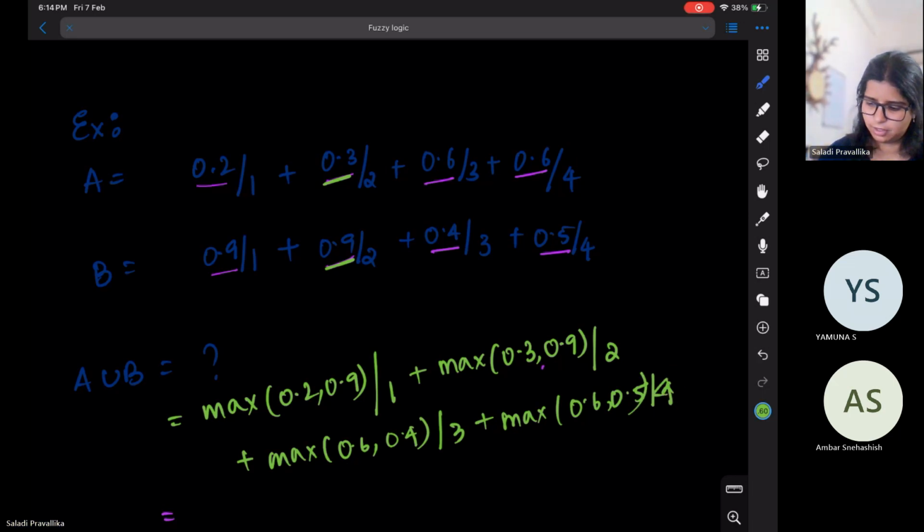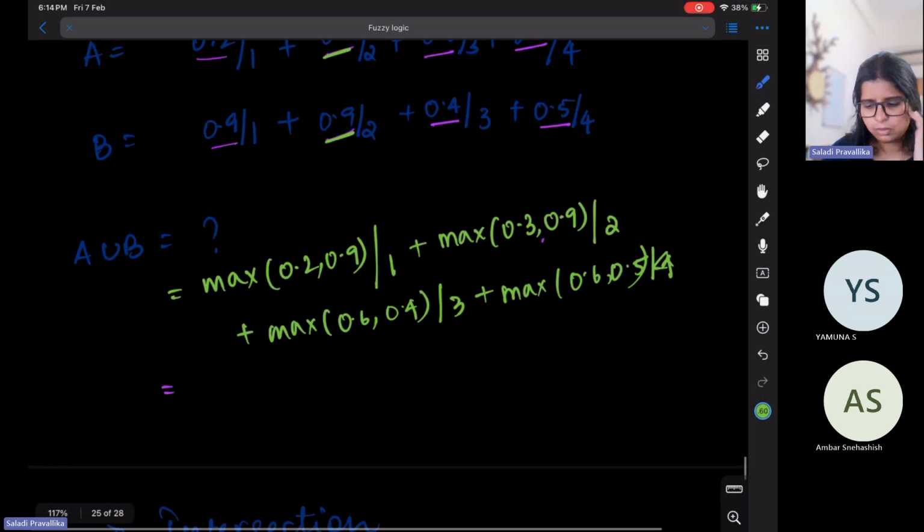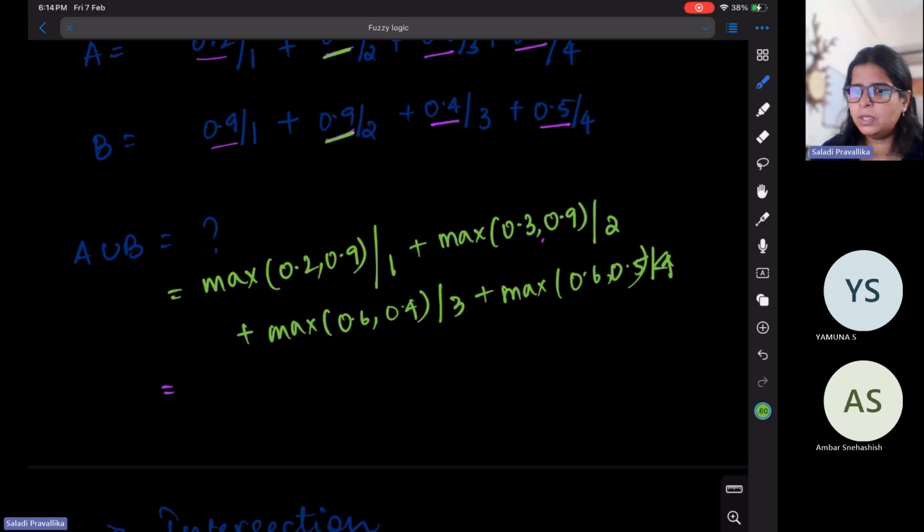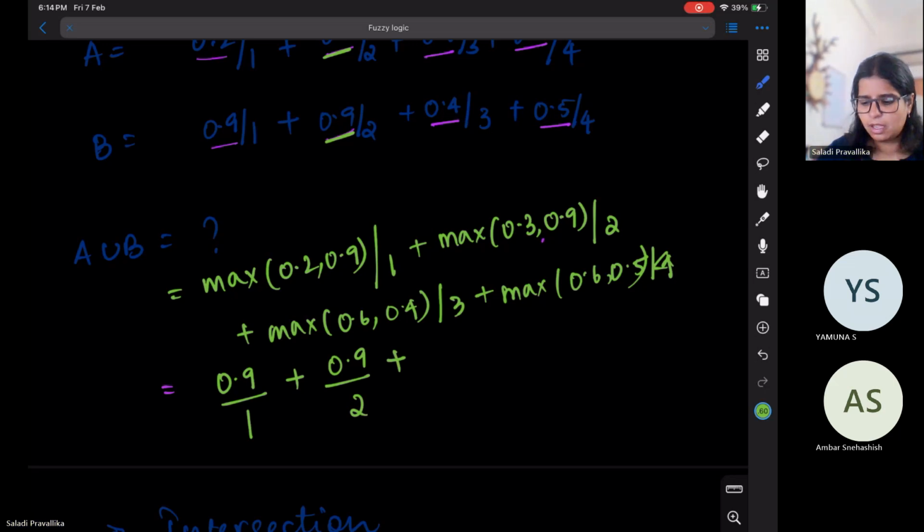Now for x equal to 1, what is the maximum value between 0.2 and 0.9? It is 0.9, right? Plus between 0.3 and 0.9, it's again 0.9, plus for x equal to 3, it is 0.6, plus for x equal to 4, it is 0.6.